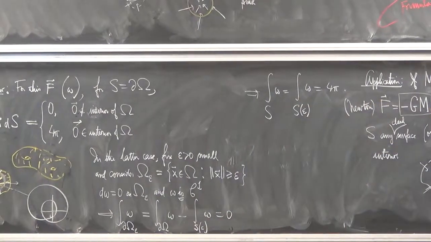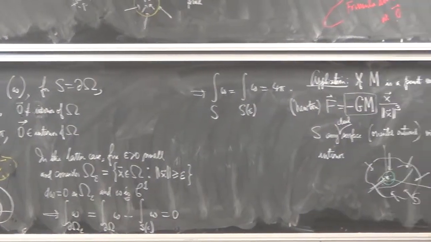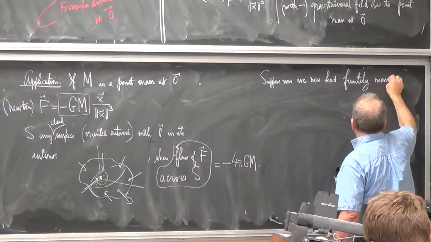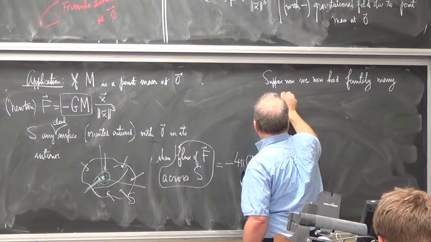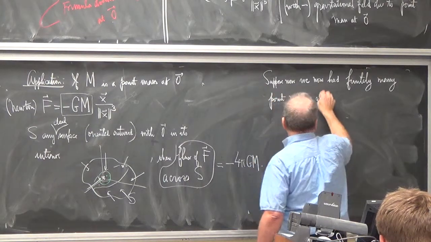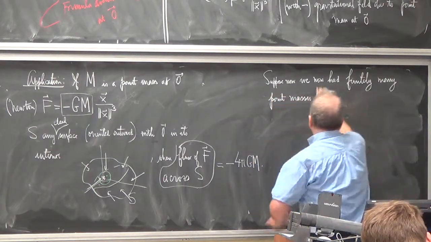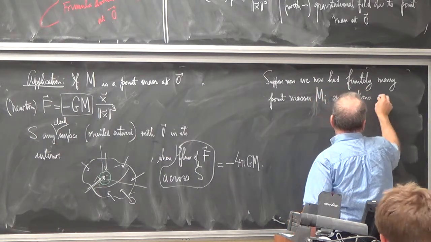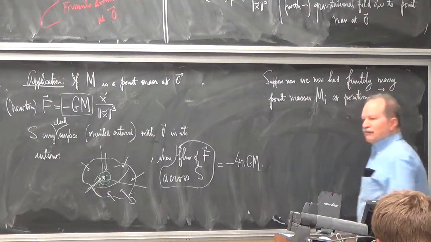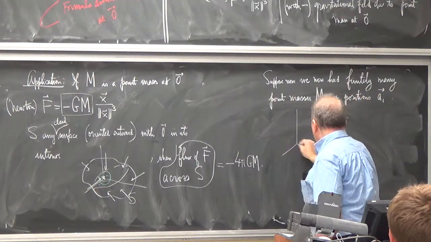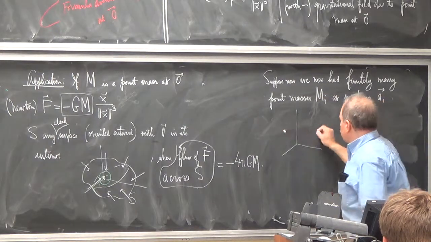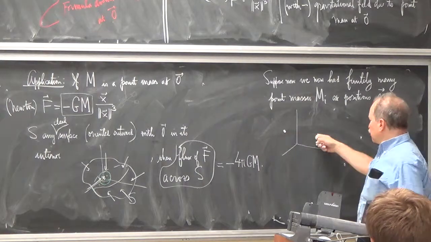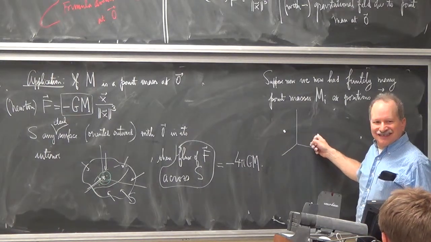Suppose now we have a system of finitely many point masses, m sub i, at positions a sub i. So imagine now, instead of a point mass at the origin, you have a bunch of point masses, and the masses might be different. This one might be 1,000,000 kilograms, this one might be a feather, whatever.